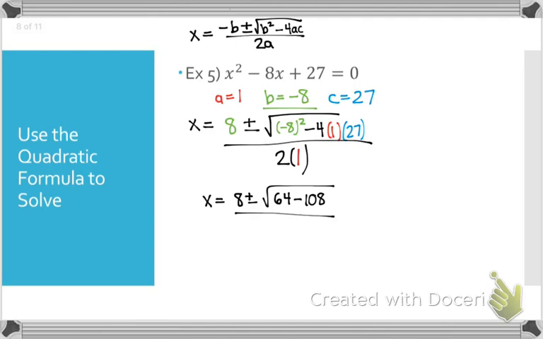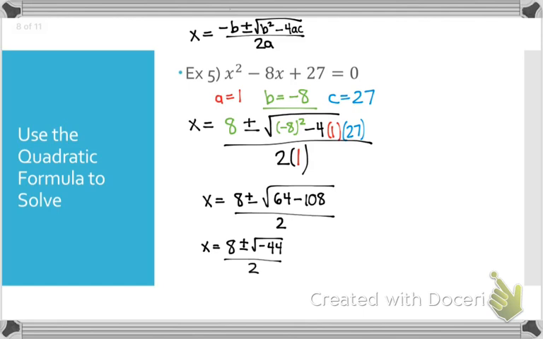All divided by 2 times 1, which is just 2 on the bottom. And let's clean this up some more. We got 8 plus or minus the square root of 64 minus 108, which is negative 44, all divided by 2.